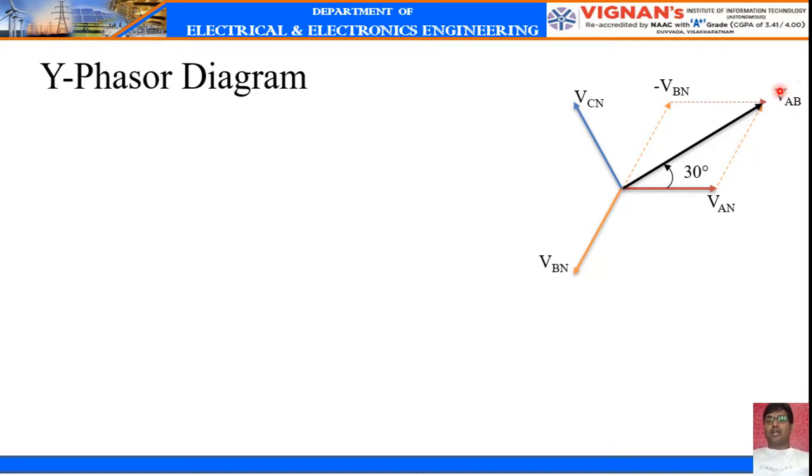This is the line voltage VAB, which is leading the reference phase voltage VA by an angle of 30 degrees.